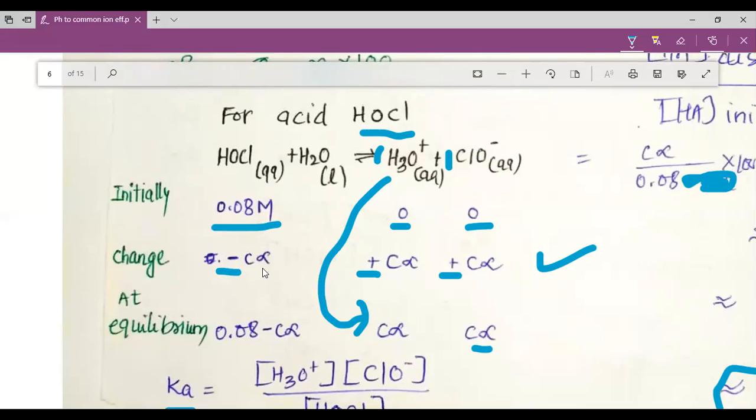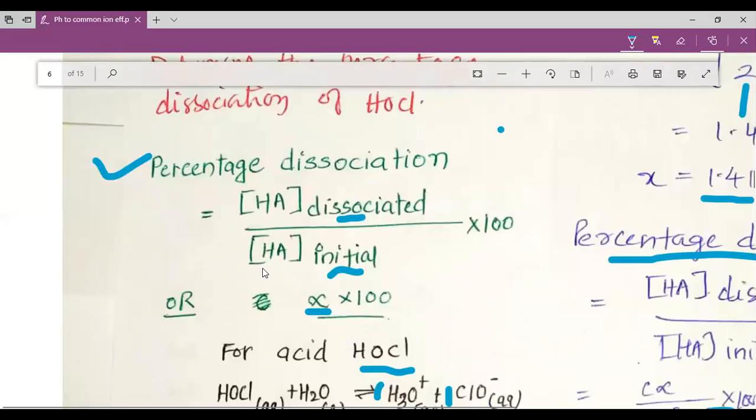So you can put here that acid dissociated is your C alpha, acid initial is your C, please remember, and then it is multiplied with 100.